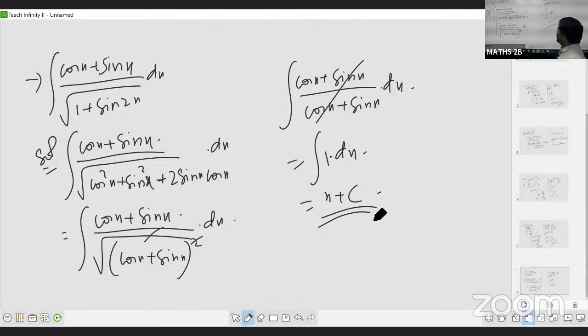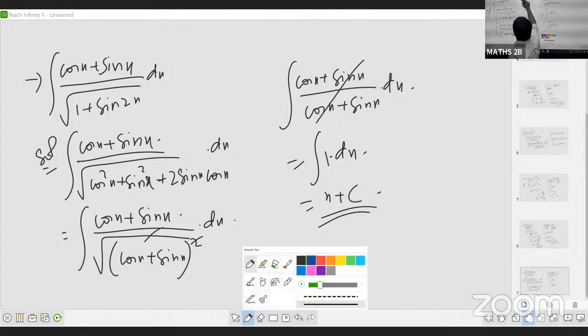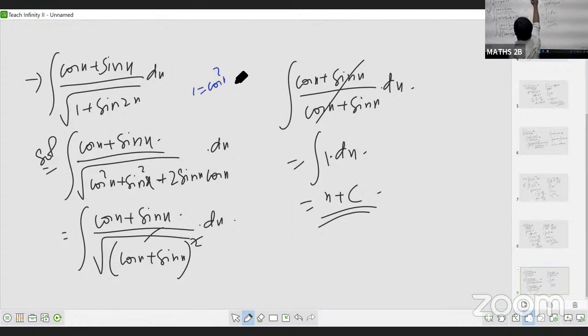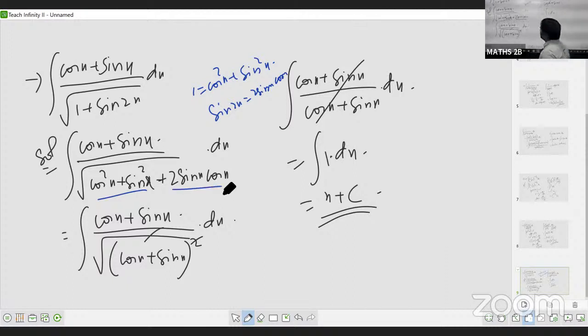This is all based on formulas. 1, you write it as cos square x plus sin square x. Sin 2x, you write it as 2 sin x cos x. Now how it looks like a square plus b square plus 2ab, that is a plus b whole square. Square and root get cancelled. Is it clear?